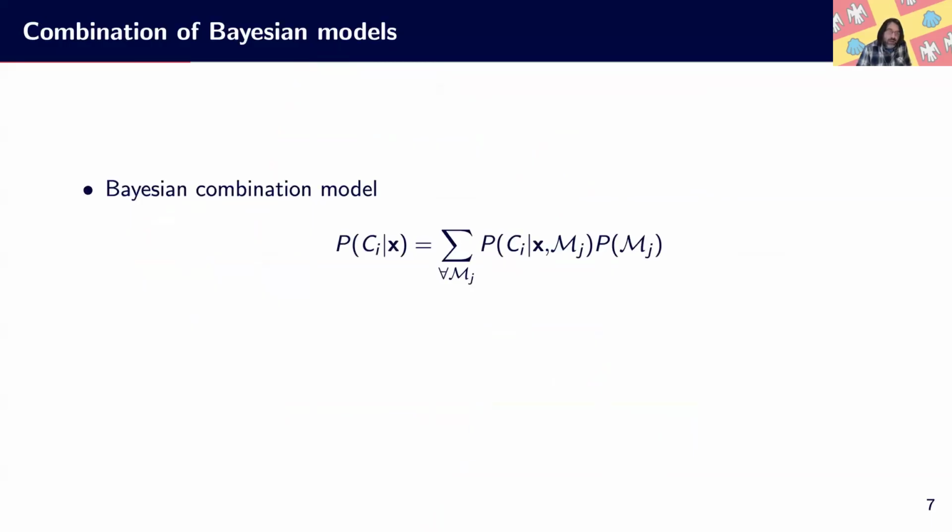We can show that, in fact, this is equivalent to some extent to the Bayesian combination model, which is more grounded in probabilistic approaches. So the Bayesian combination model tells us that the posterior probability of assigning to Ci for an input X is equal to the sum for all models of the posterior probability of the model times the a priori probability for that model.